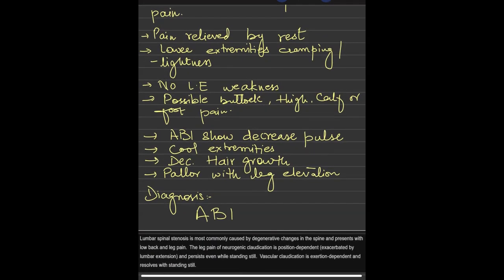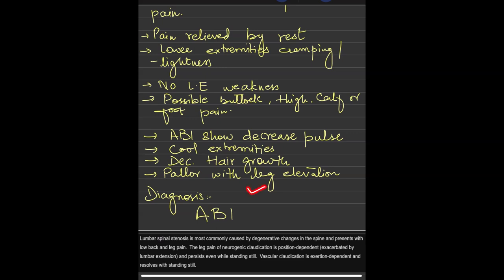But here, if you do ABI, definitely you will see decreased pulses, cool extremities, decreased hair growth, and pallor with leg elevation. Diagnosis is ABI. If a patient has symptoms like vascular claudication and has risk factors like cardiac problems or hyperlipidemia, then we do ABI to make sure that this is not vascular.